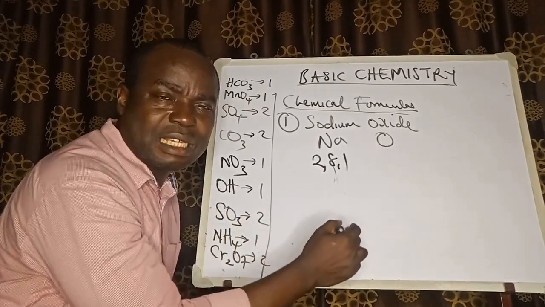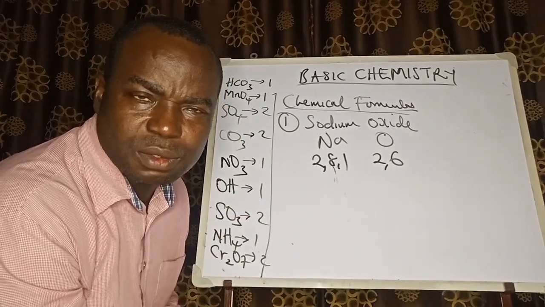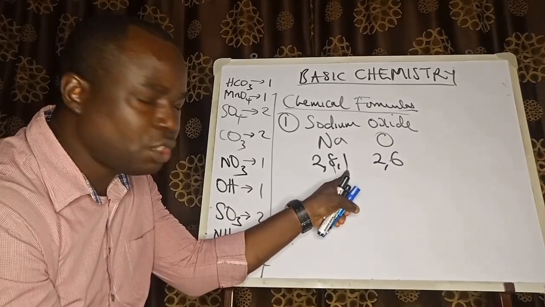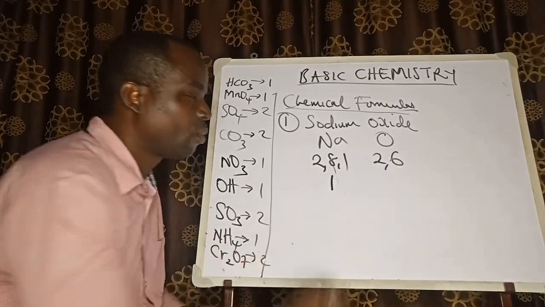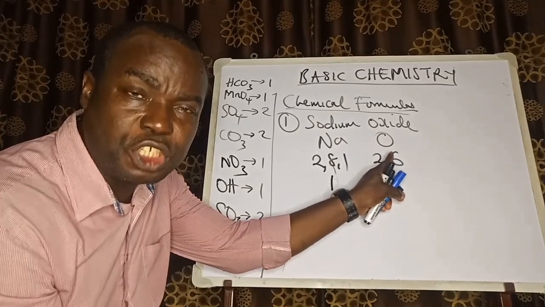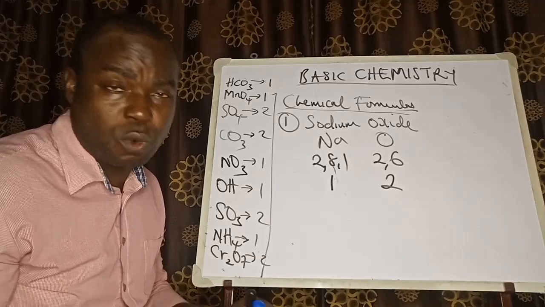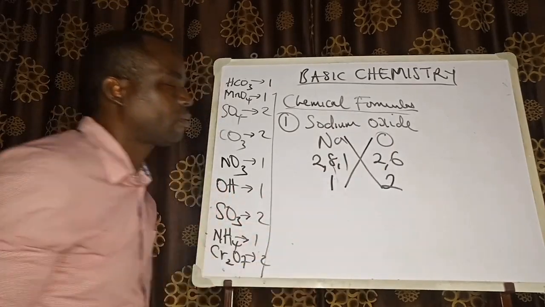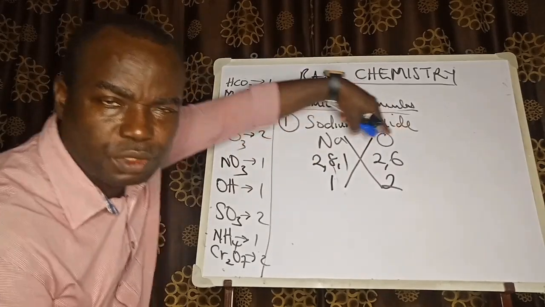Oxygen is number 8, which is 2, 6. Are you with me? The valency of sodium is 1. The valency of oxygen is 2. I believe you know how to find valency very well. What we now do is switch the two of them over. That means sodium takes 2, oxygen takes 1.